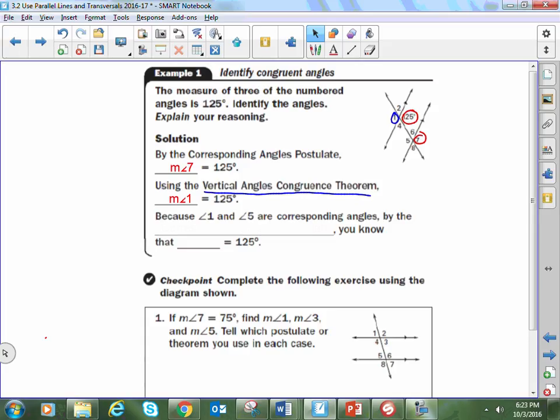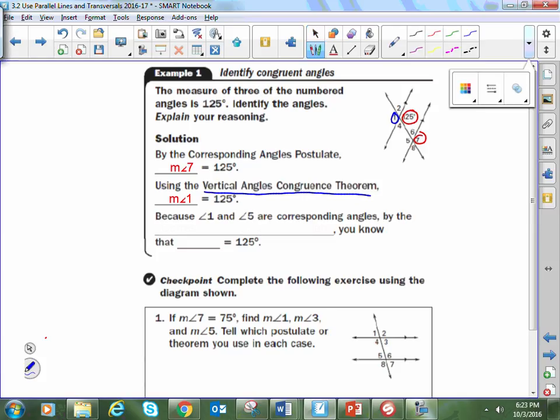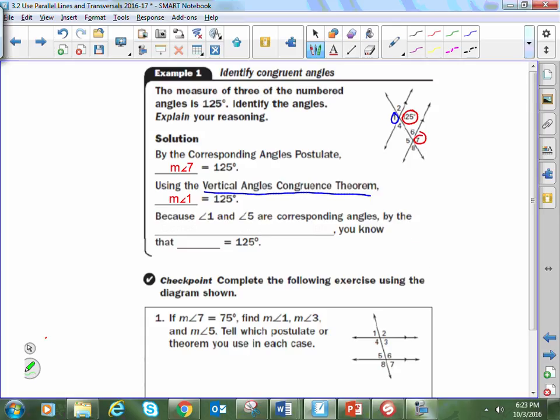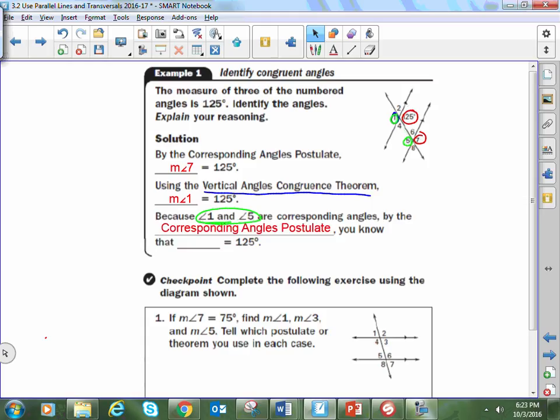But now we can say that angle 1 and angle 5 make their own corresponding angle pair. So angle 1 and angle 5 also are corresponding angles, therefore they must also be 125 degrees based on the corresponding angles postulate.